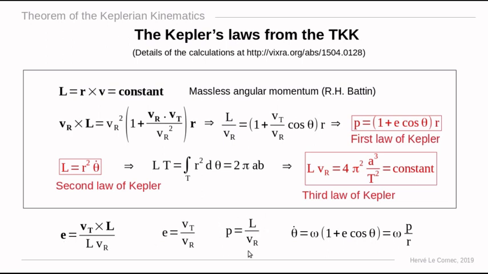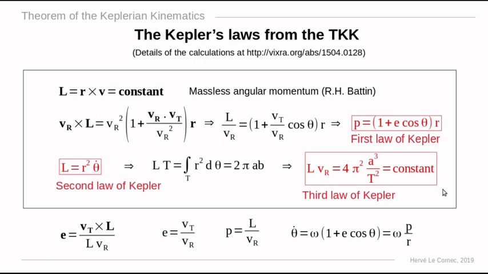Here is the semilatus rectum, and note that the derivative with respect to time of the true anomaly is not equal to the frequency of rotation coming from the definition of the rotation velocity. Both are related by this relationship here. So it is rather simple to prove that the theorem explains indeed the three laws of Kepler.